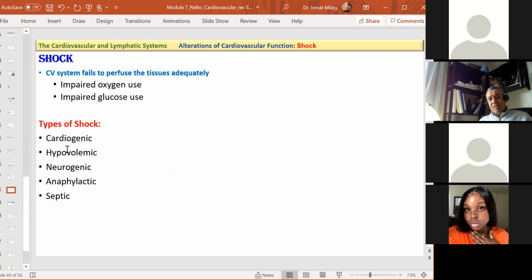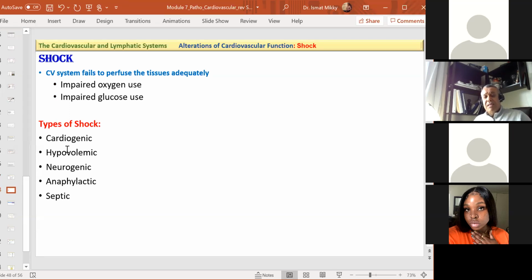So shock is a complication, or you can also call it a disease, that results from different conditions or different disease processes, and eventually the cardiovascular system will fail to perfuse the tissue adequately.